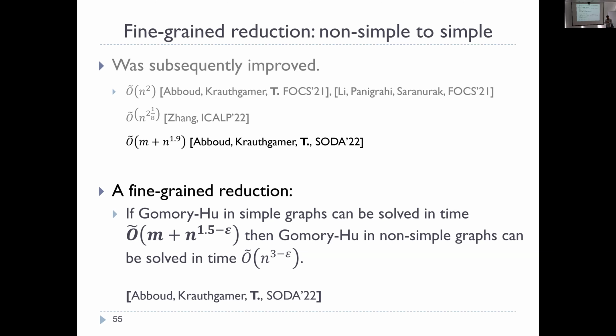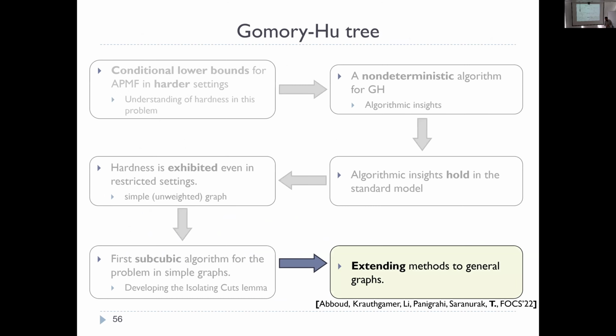So it's a fine-grained reduction that guided us that maybe we should just go and focus on weighted graphs, where we might as well do that. Okay. Unit capacity and also no parallel edges.